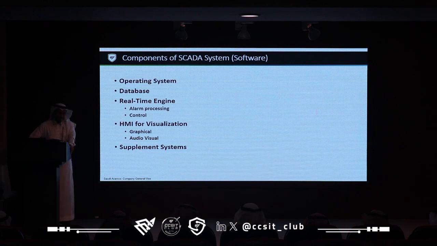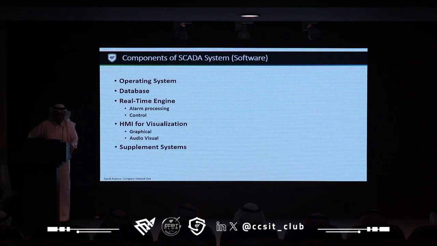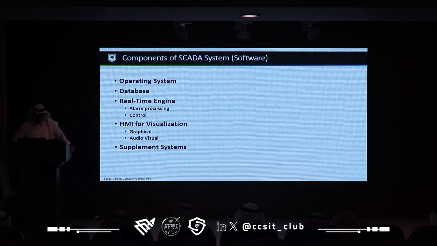But now it may be more open because of IT convergence. Why do we need cybersecurity? Also, one of the engines will control these devices remotely through the field devices.